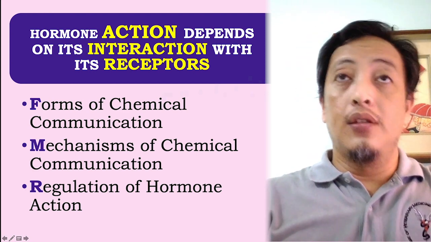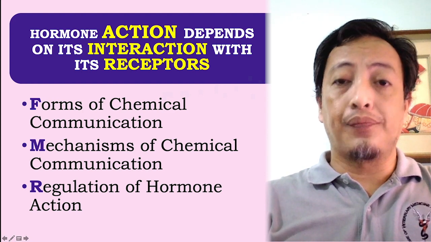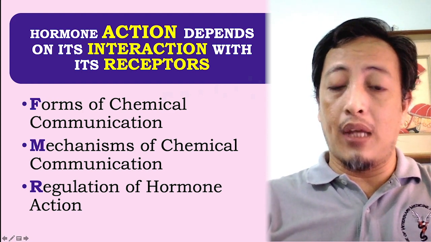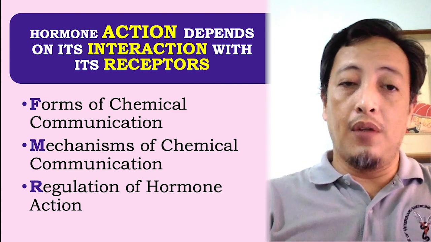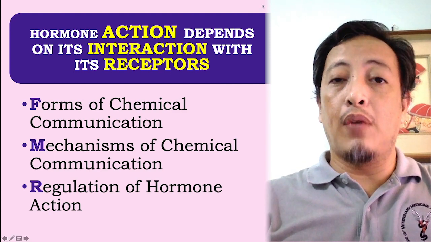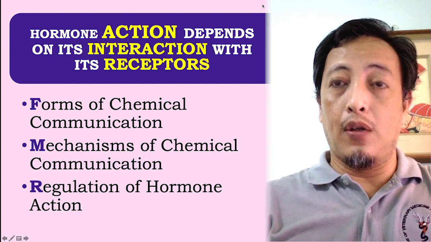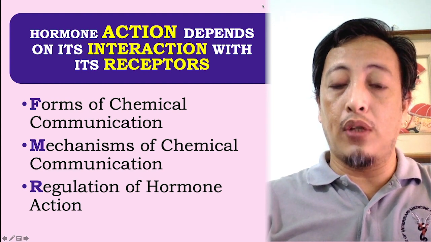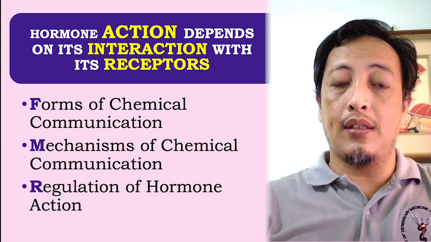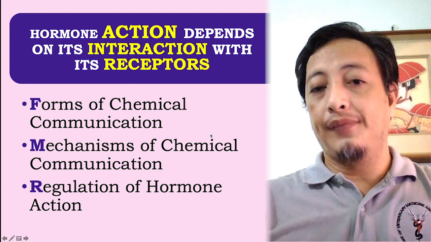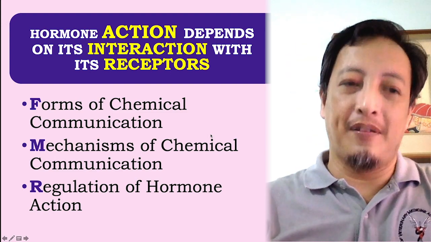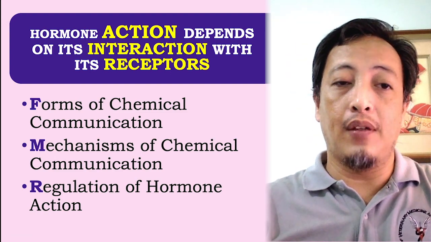Okay? So in the next slides, we will look at a very simple diagram of this, but I will also refer you to a longer video from YouTube that you can watch that discusses this chemical communication for a clearer understanding, hopefully.